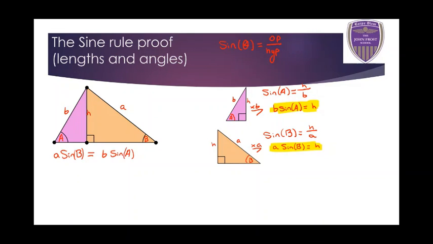Okay, so this is right, because they were both equal to h, we can put them both equal to each other, okay? Now, what I'm going to do is to divide both sides of this equation by sine angle A and sine angle B, okay?